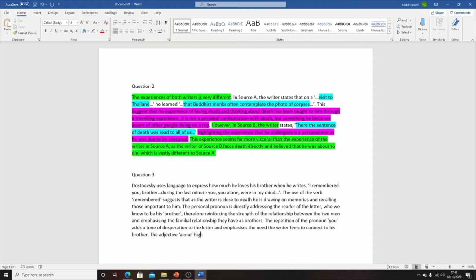I'll say highlights. So highlights the significance of the relationship he has with his brother, as it is only his brother who he is thinking about in the final moments of his death.